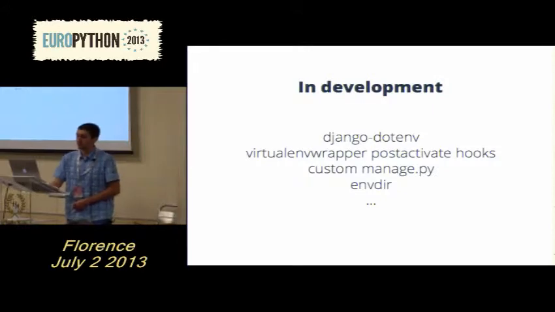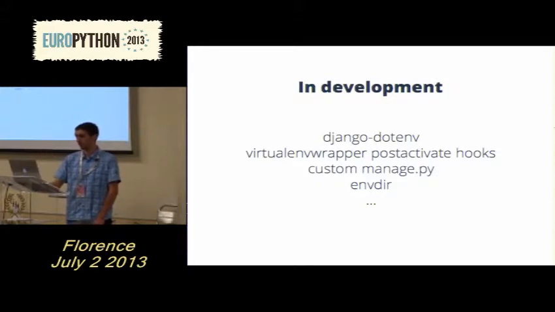And in development, it's quite easy as well to work with environment variables. There is django-dotenv, if you use Foreman, for instance, which is the way Heroku advertised to manage processes. It reads a .env file that contains the list of your environment variables.